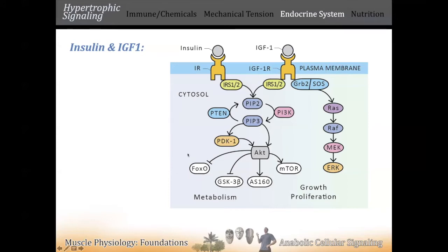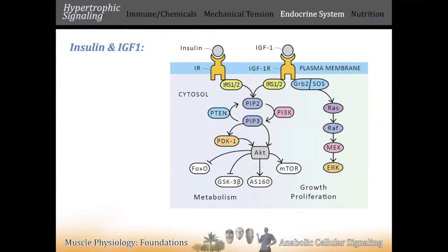FOXO, forkhead box O. We're inhibiting protein degradation. We're inhibiting the atrophy, and this is good. If you have cancer, you want AMPK activation of this, if you're concerned with that. But if it's growth, you want to stop that, and that's what PKB is doing. And remember, PKB is also shutting off PKA.